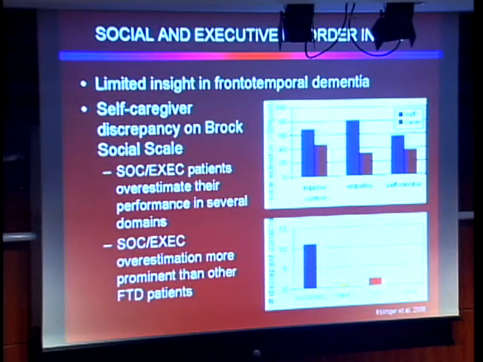And we find this is present in 11 of the 15 social domains to a significant extent. So folks will overestimate how well they think that they are doing.